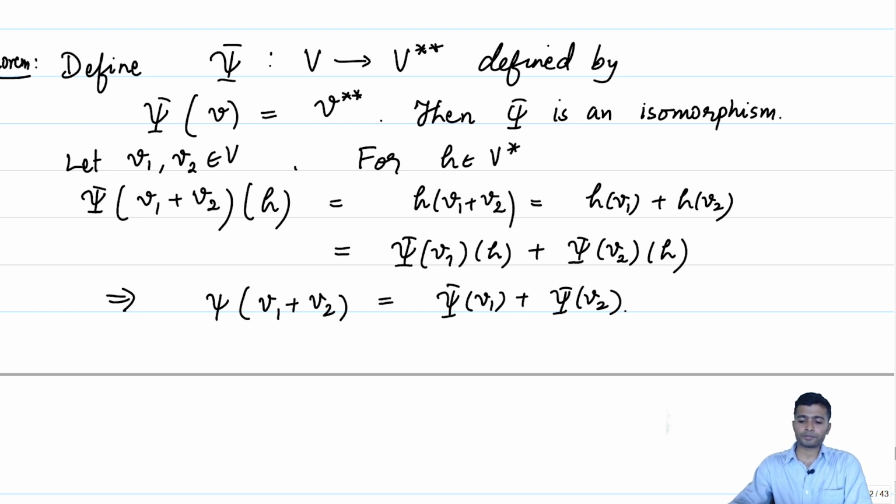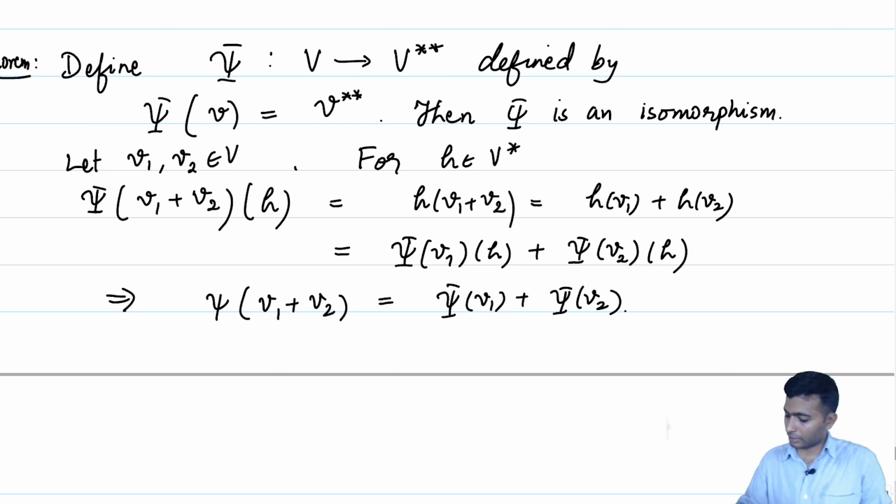So, if the dimension of V is n, V and V star star both have dimension n, and we already know that if you have an injective map from a vector space V to another vector space W of the same dimension, then by the dimension theorem we can conclude that this is a surjective map.